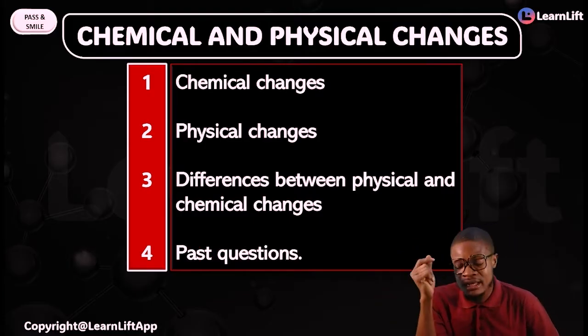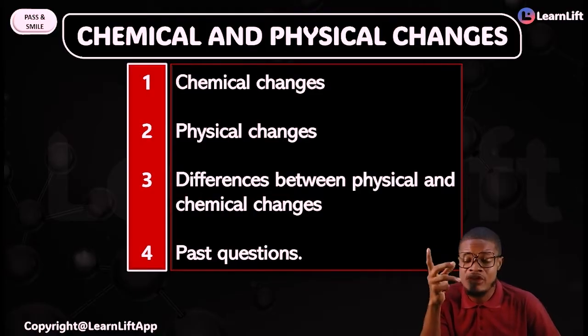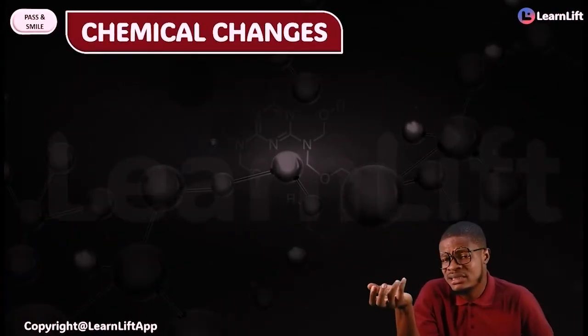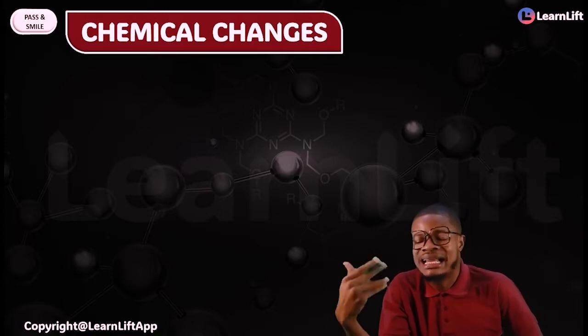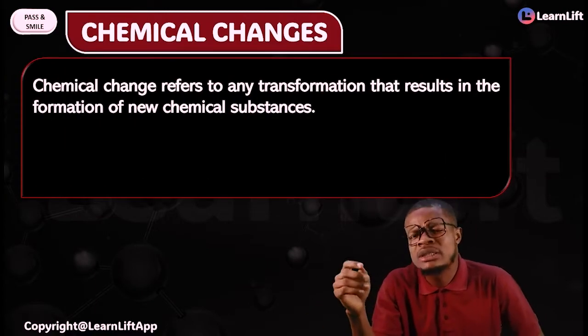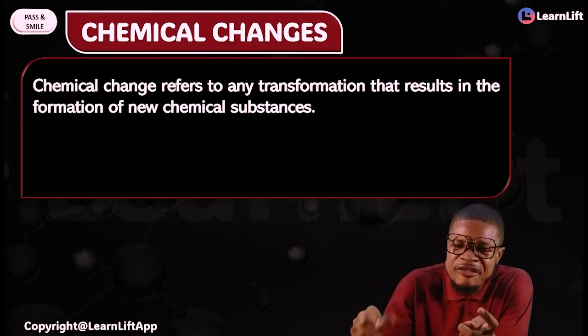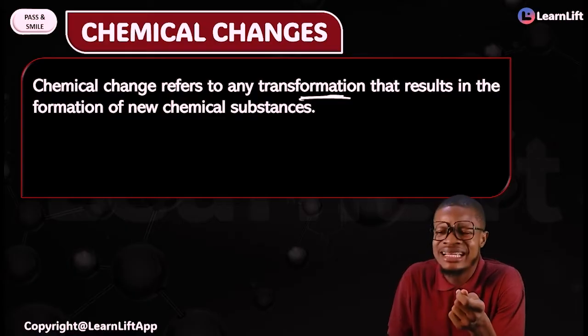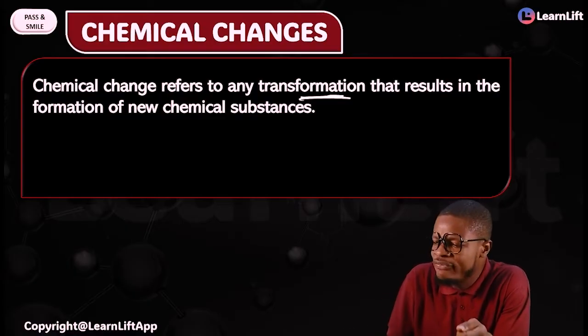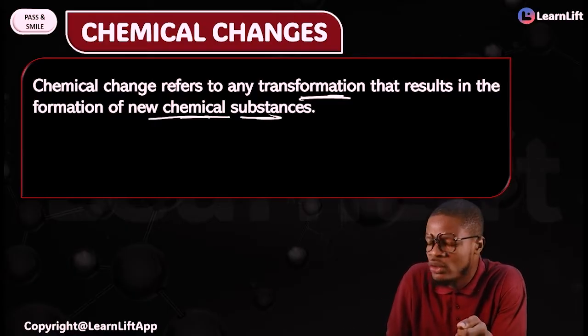Let's start first. The first one is chemical changes. So the big question is, what are chemical changes? Very simple. Chemical changes refer to any transformation that results in the formation of new chemical substances.